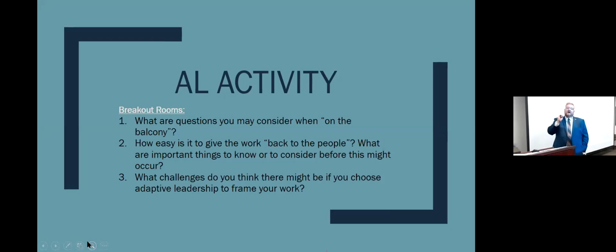And so while our personality and characteristics do come into play there, what I like about adaptive leadership is that it offers us a way of looking at challenges and issues with a more focused lens.